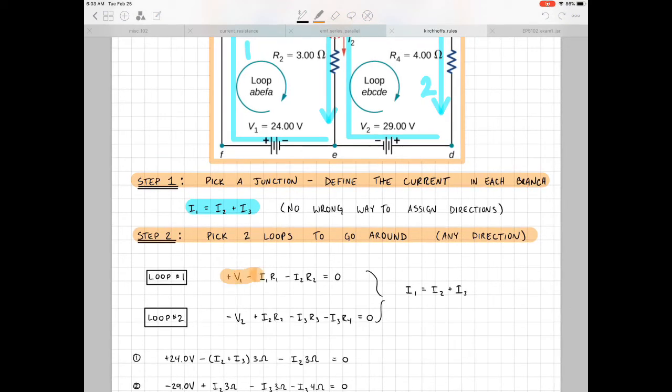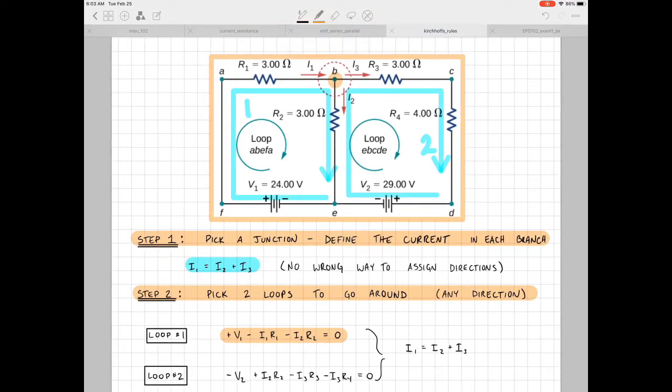So loop 1, I go through battery 1, then I go through R1 in the same direction as I've chosen I1, so that's a minus I1 R1.